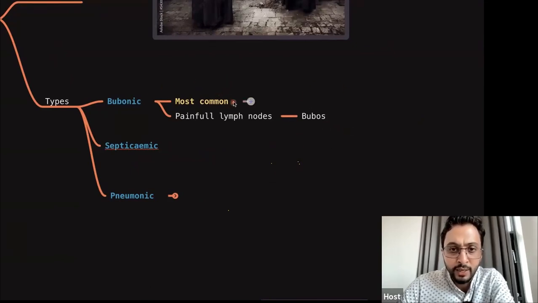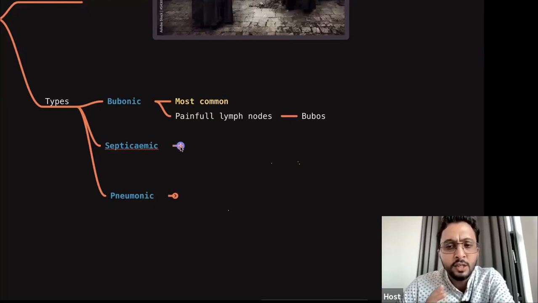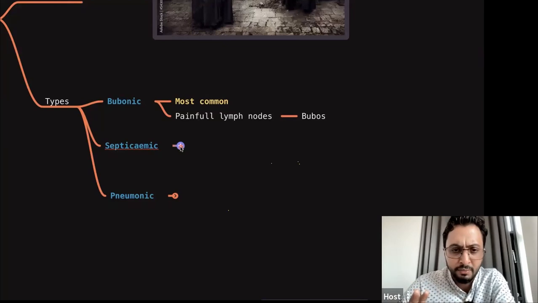This is a question you can expect: the most common type of plague is bubonic plague, or the most common manifestation caused by plague is the bubonic type, or painful lymph nodes. Next is septicemic. It gets into the blood and just spreads in the blood. That's called septicemic. So from the lymph node, it goes into the blood.